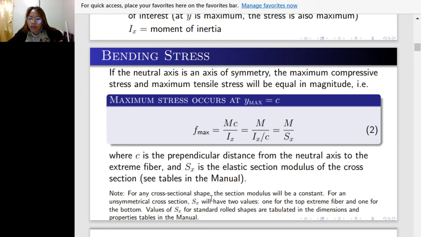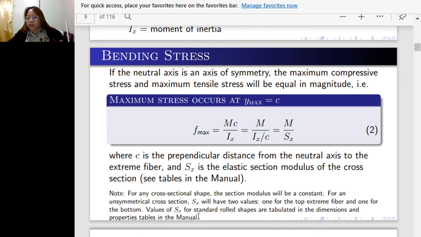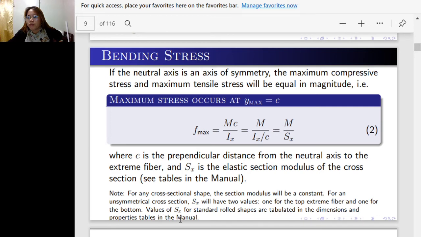Note, for any symmetrical cross-sectional shape, the section modulus will be constant. For an unsymmetrical section, the S sub x will have two values, one for the top extreme fiber and one for the bottom. Values of S sub x, or the elastic section modulus for standard rolled shapes, are tabulated in the dimensions and properties tables in the manual.